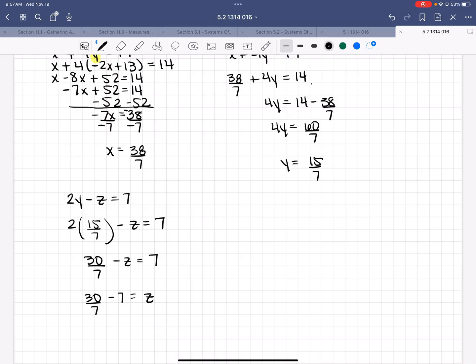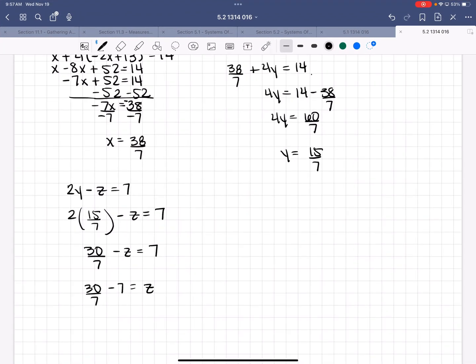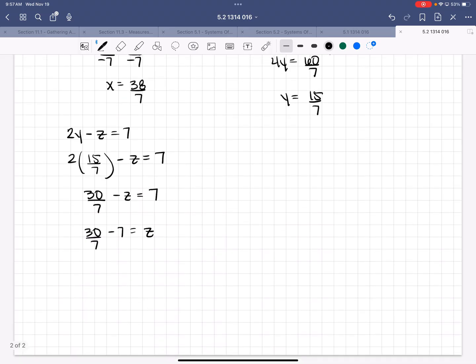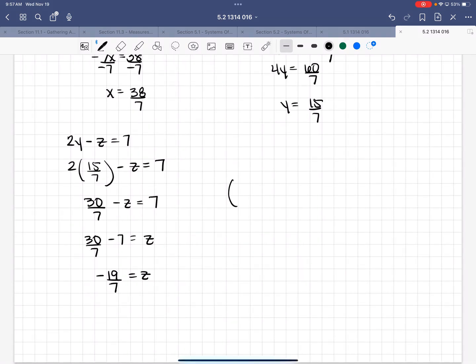If I go over here, that's really 30 minus 49, so negative 19 over 7 equals z. Woo. So I'm getting 38 over 7, 15 over 7, with negative 19 over 7.